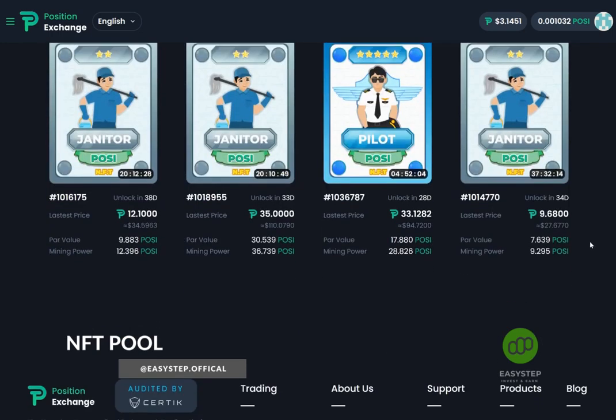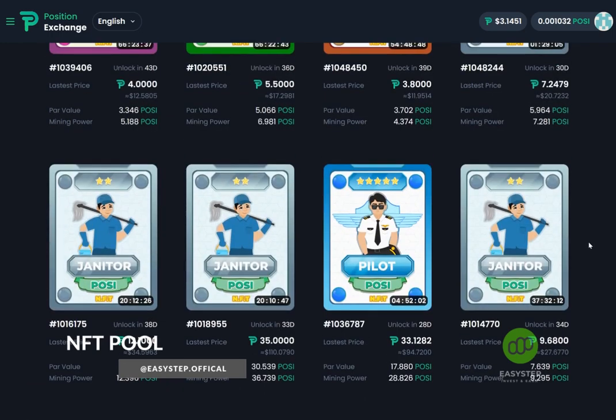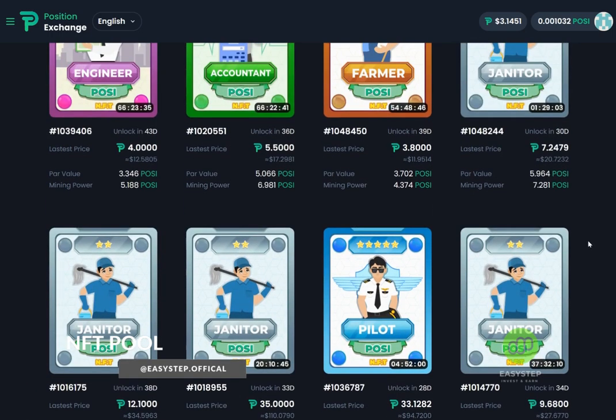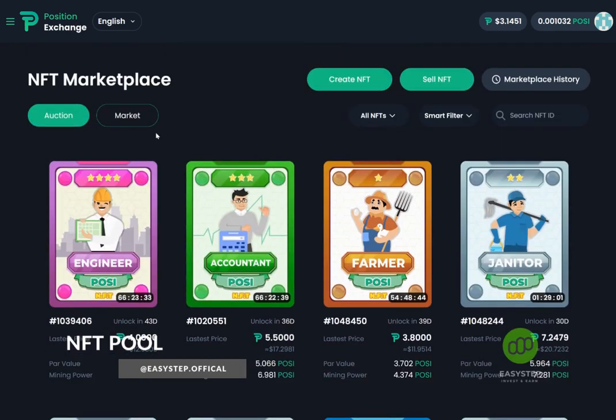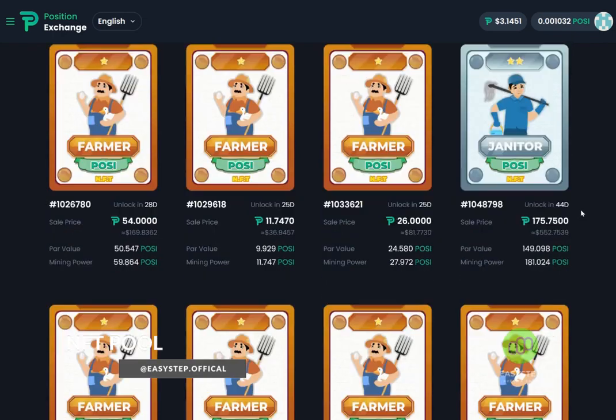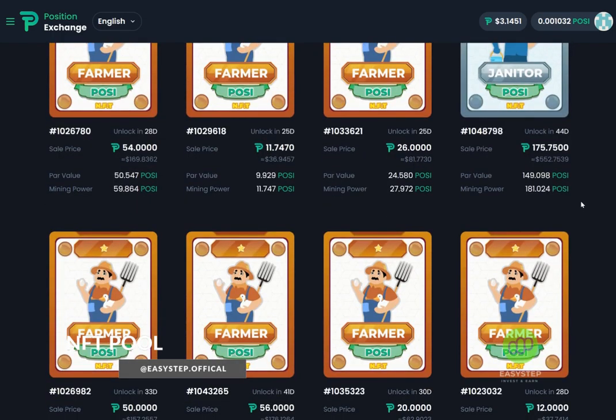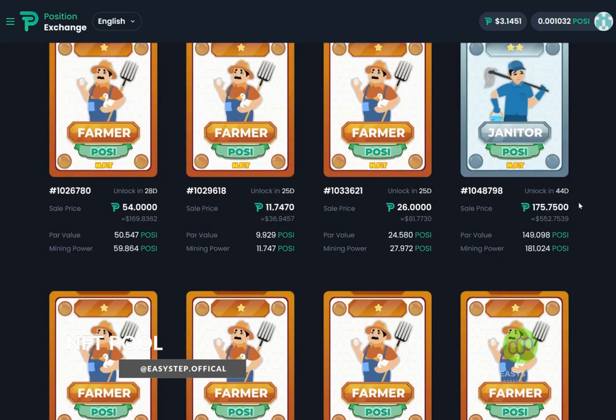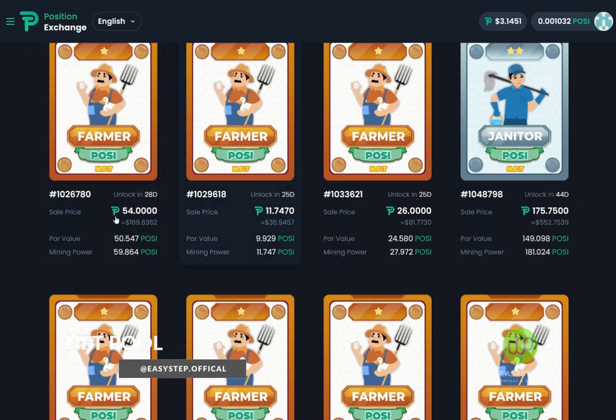You buy whichever NFT you think will be best for you to stake. You can buy from the auction, or you can buy from the market. The market is pretty much at a set price. It's not going to fluctuate based on bids for the NFT. So they just give you a set price here.